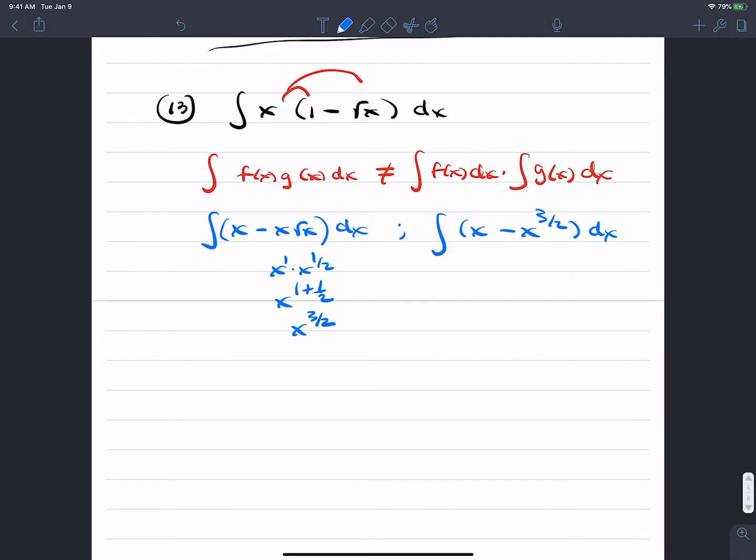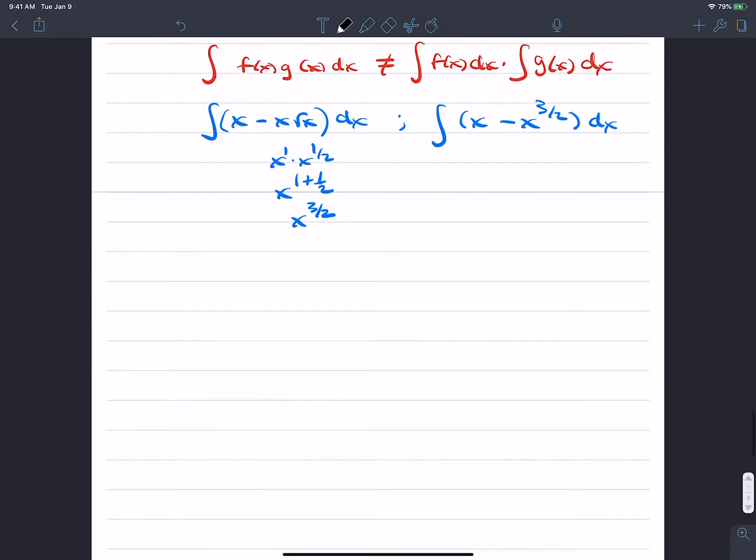Okay, so now use your properties. What are my properties here? The integral of x dx minus the integral of x to the 3/2 dx. What is each integral? What's this? 1/2 x squared. What's this? Well, that's a little bit more work. 3/2 plus 1 over what? 3/2 plus 1. Don't forget to add your constant.